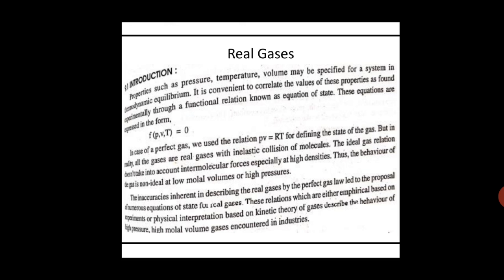One is the volume occupied by the gas molecules, and the second is the intermolecular forces. Then we have the compressibility chart. We will study that, and then we will be able to find Z, that is known as the compressibility factor.